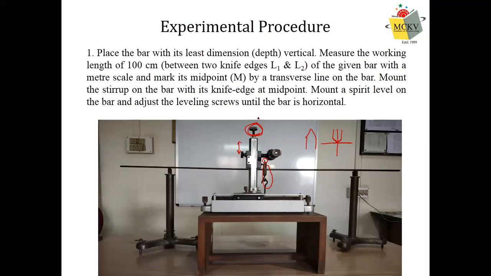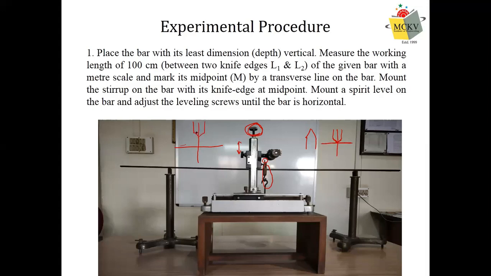Then we need to add some load, say 250 gram. When we add some load, we'll observe that the tip is shifted. In the inverted image, we'll observe it is shifted from the horizontal line.